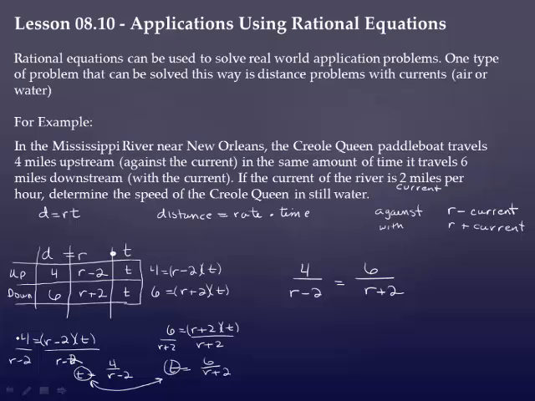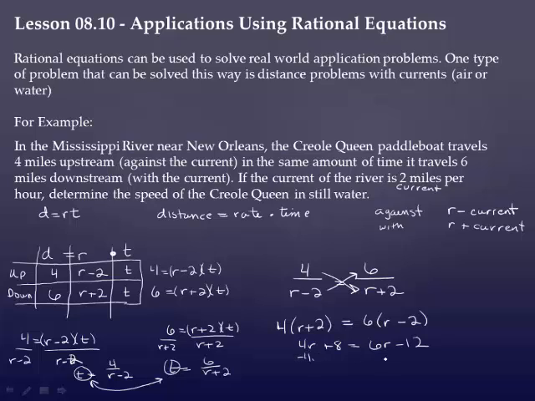Now that we've set this up, we need to solve it. In order to solve a rational equation, we make sure each side is simplified, which in this case they are, and then we cross multiply. So I'm going to do 4 times r plus 2 is equal to r minus 2 times 6. So I get 4r plus 8 is equal to 6r minus 12.